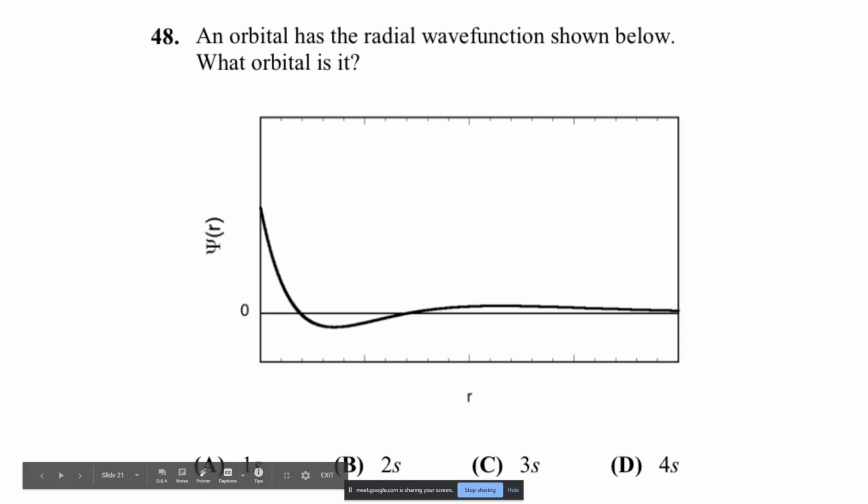Okay, so this was the radial wave function plot I was talking about earlier. So just think of your nodes in this question. How do you calculate total nodes, and what do nodes mean? And then you'll get it.